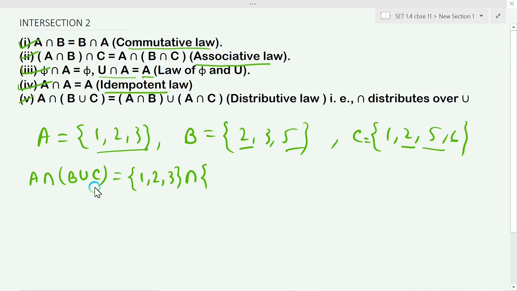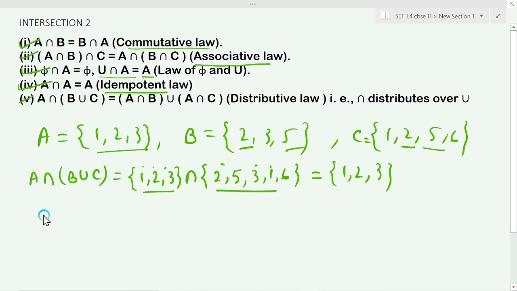To calculate B union C, we write the common elements, 2 and 5, between B and C, and the rest of the elements, 3 for B and 1 6 for C. So this is B union C. Now for the intersection between the first and this second set, we write the common elements. 1 2 3 and 1 2 3 are common, so it equals 1 2 3. So A intersection (B union C) equals 1 2 3.